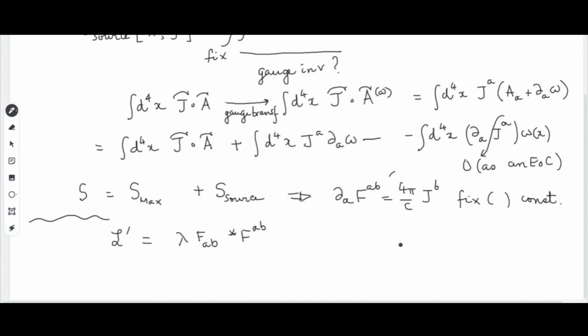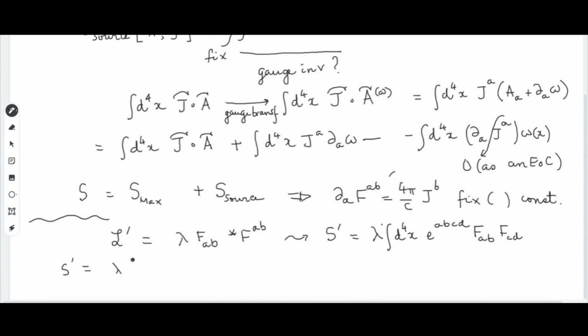Of course, we ruled this out on the basis of parity. But let's write down the action corresponding to it as S prime, because I want to show you something about this. So this is lambda d4x epsilon^ABCD F_AB F_CD.